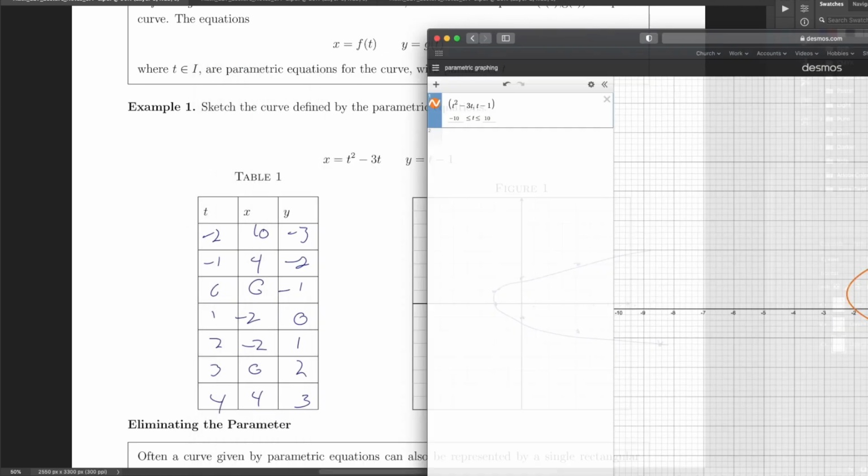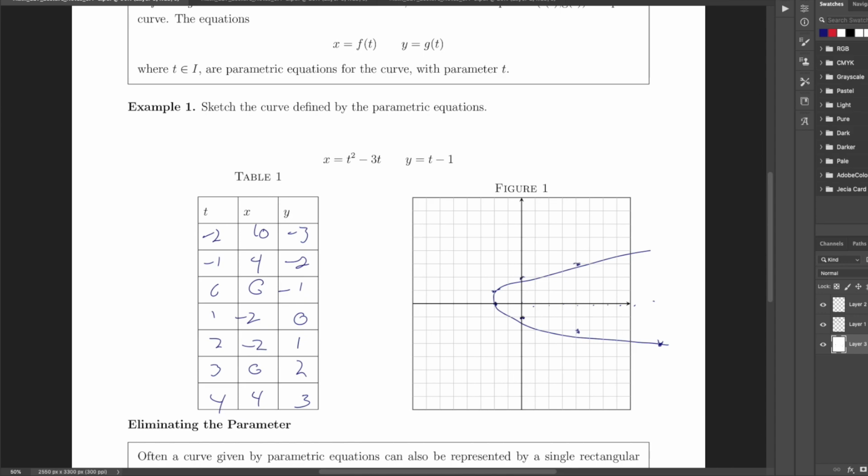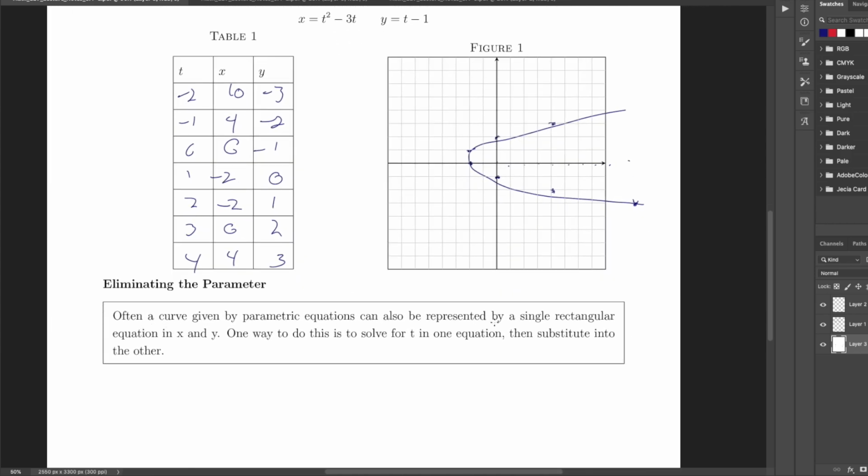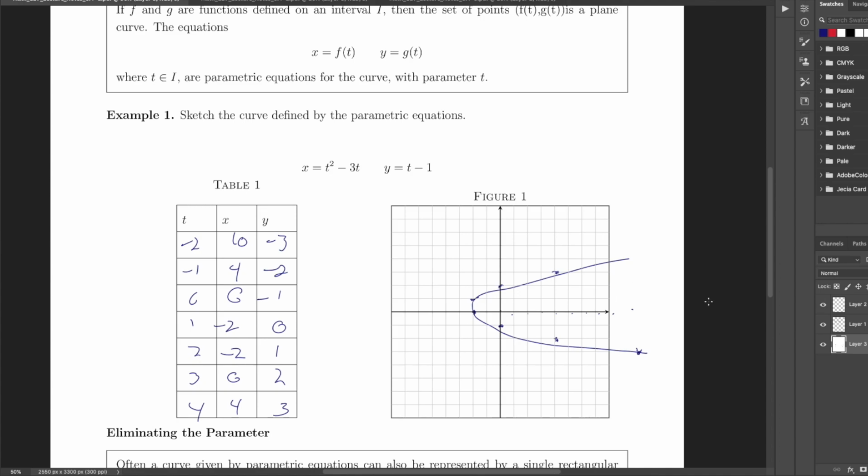Now, one of the things we can do, for some of these, but not all of them, is often convert to a single rectangular coordinate equation in x and y. One way to do this is to solve the equation for t and substitute into the other. And so in this case, we can say that t is equal to y plus 1. And then we can plug that into here.